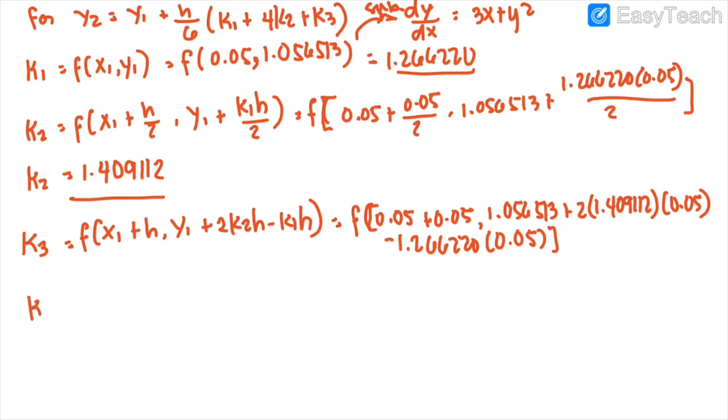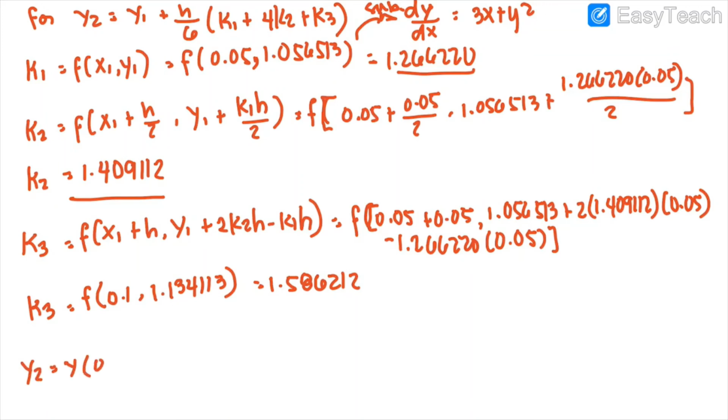Simplify. K3 is f of x and y of 0.1 and 1.134113. Gives us the value of K3 equal now to 1.58612. Solving for y2, which is at y of x equal to 0.1.